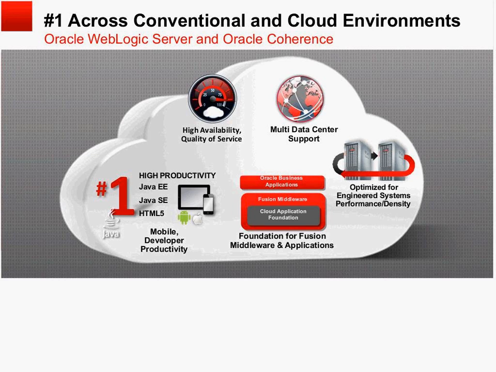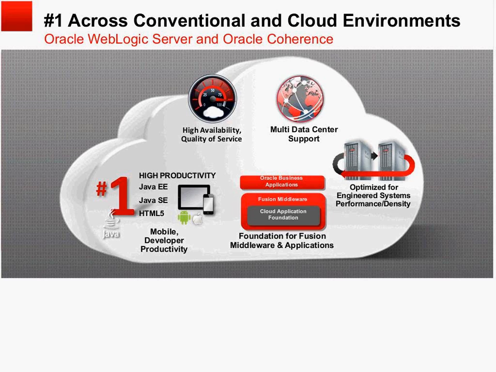We continue to have a huge investment around performance, high availability, quality of service, and more so around multi-data center support. As people start building out these cloud infrastructures, the critical characteristics of the runtime, like WebLogic and Coherence, around high availability, reliability, and scalability are really the heart and soul of anybody who's building out a cloud infrastructure.